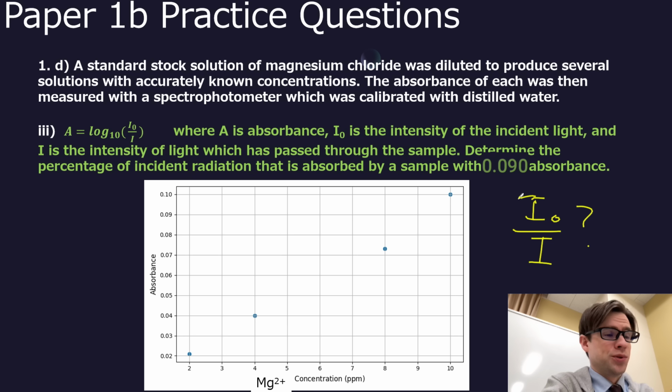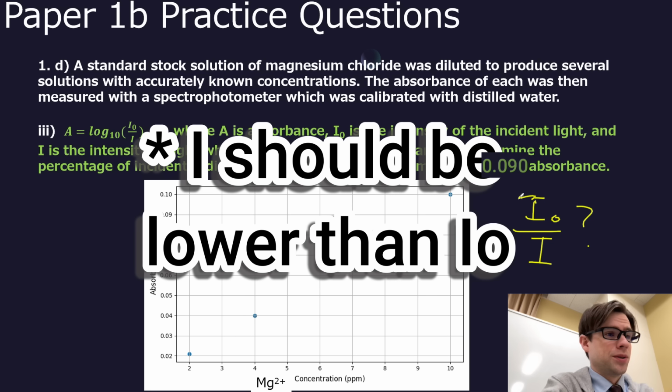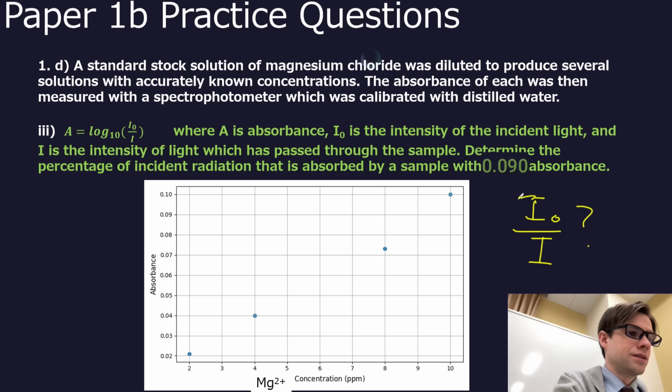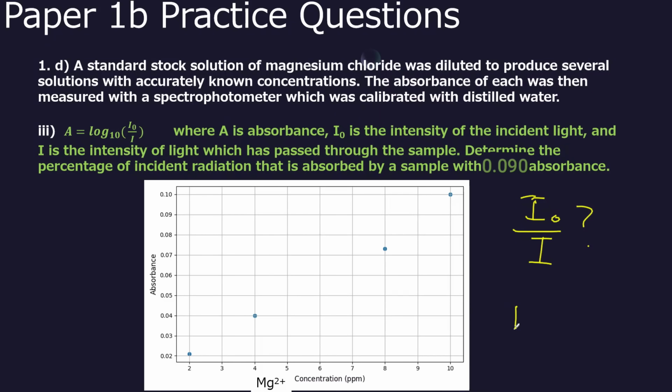If the light is absorbed as it passes through, I should be lower than I naught, so this will give you over 100%. It's not this that you're trying to find, it's maybe the inverse of this: I over I naught. So I is what passes through, I naught is what you started with. I will be lower than I naught. So this will give you some percentage less than 100% for what passed through.